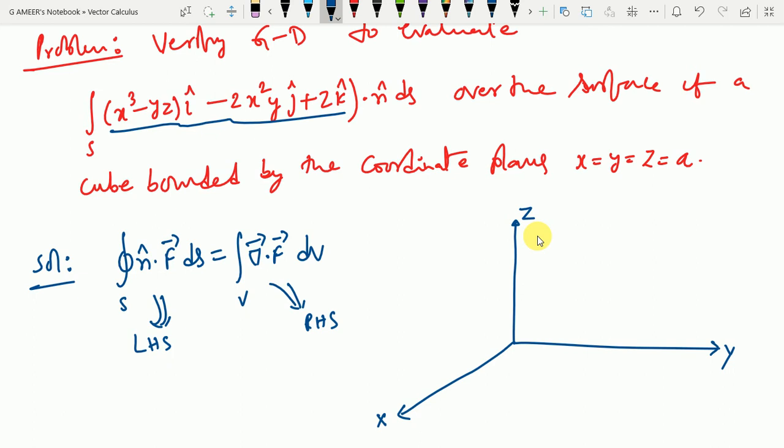Okay, fine. Now let us construct a cube.